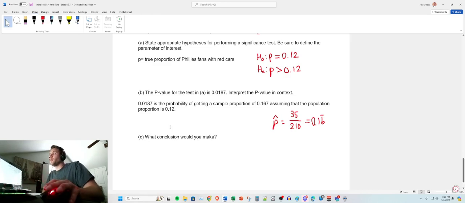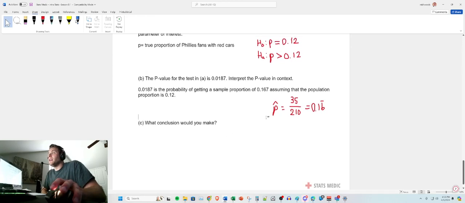So what conclusion would we make? Well, it doesn't seem like it would happen randomly. It seems like Phillies fans are more likely.